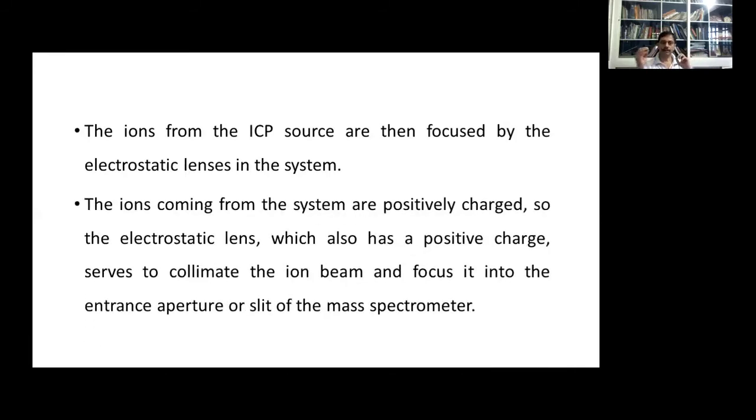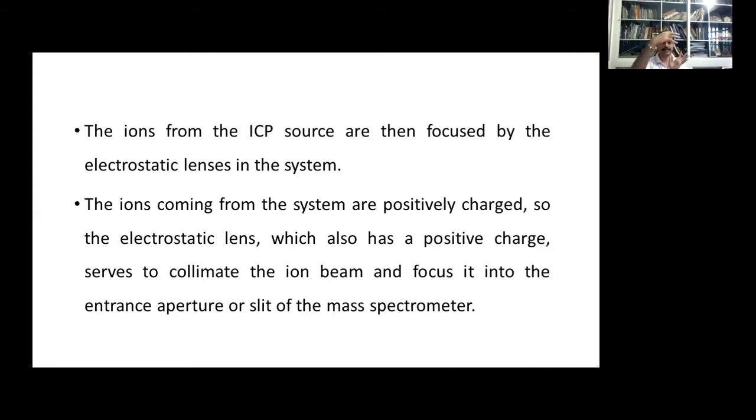The ions coming from the system, as I already mentioned, are positively charged. So this electrostatic lens, which also has a positive charge, serves to collimate the ion beam and focus it into the entrance aperture or a slit of the mass spectrometer.